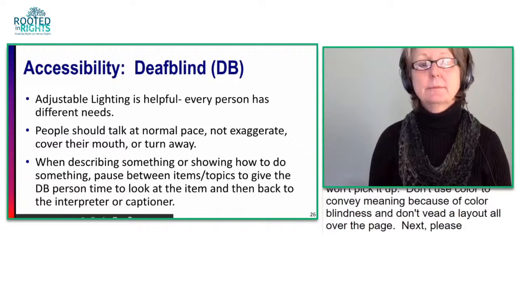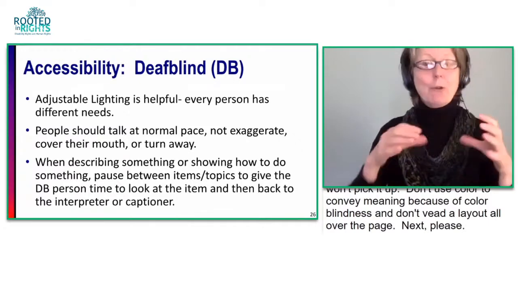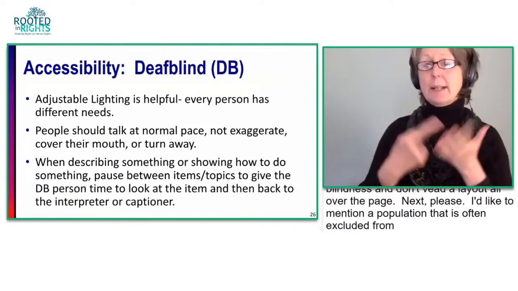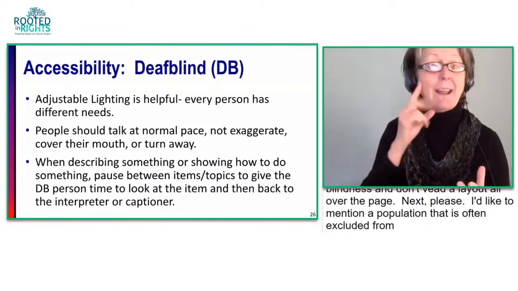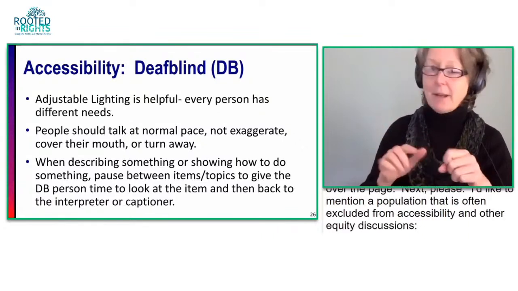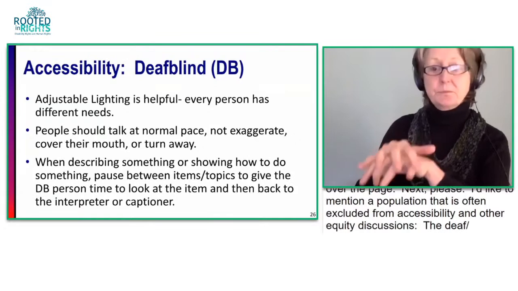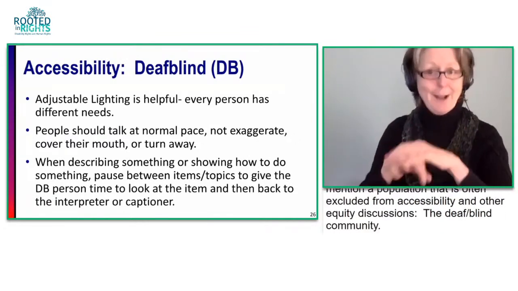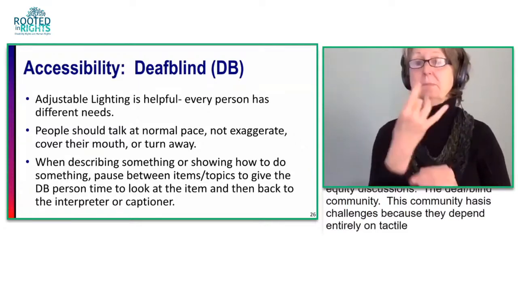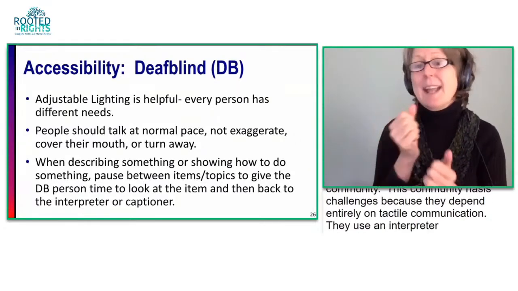I'd like to mention a population that's often excluded from accessibility and other equity discussions, the deaf-blind community. This community has its challenges because they depend entirely on tactile communication. They use an interpreter who signs in their hand. Adjustable lighting is also helpful. Like I said earlier, every person has different needs.